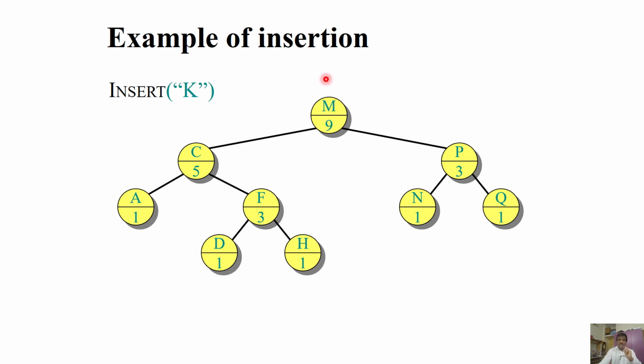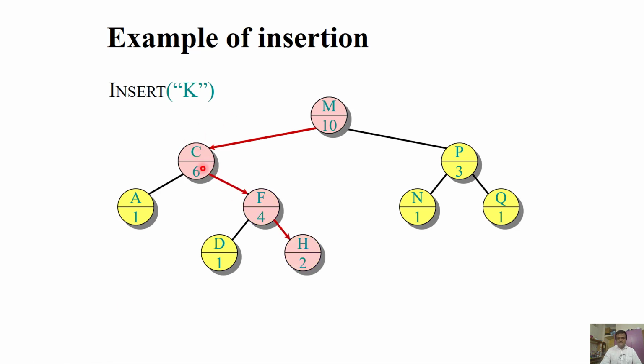Suppose we are going to insert a new node, a record whose key value is k. How to insert? This is a BST insert. We can just do the insert like this. k is less than m, so it will come here.